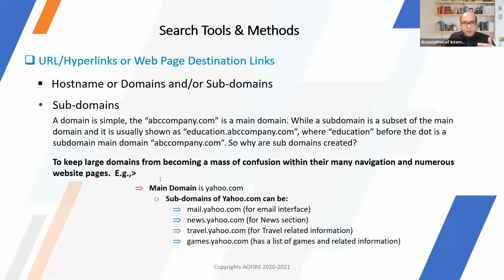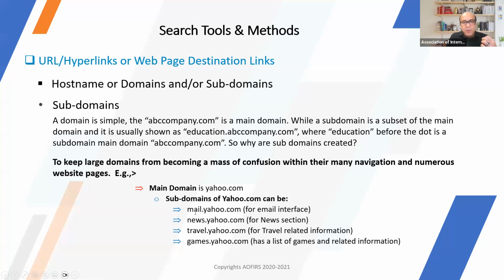So if you look at this slide, and you will also observe, let's suppose you want to click on the Yahoo Mail. When you look at it, you would see that the domain name in the URL does not start with yahoo.com, but it starts with mail.yahoo.com.